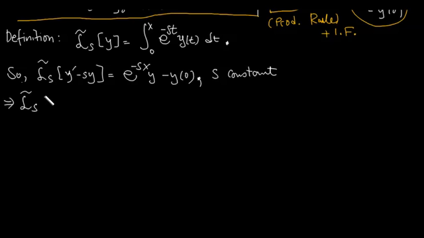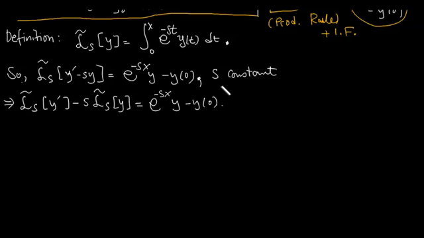This L tilde operator splits like this and is distributed over to that side, but s is the constant multiple, and linearity pulls it out, and you have an L tilde operator there, and e to the negative sx, y minus y of 0.